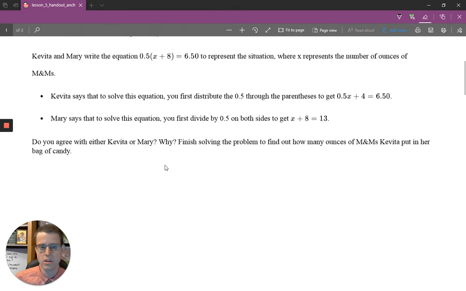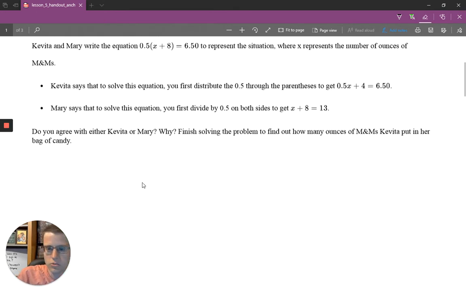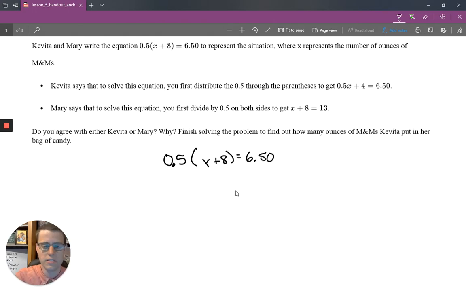Okay. Well, let's start off by just writing that original equation down, which was 5/10 times (x plus 8) equals the $6.50. Now, in Kavita's method, she's saying you have to distribute first.